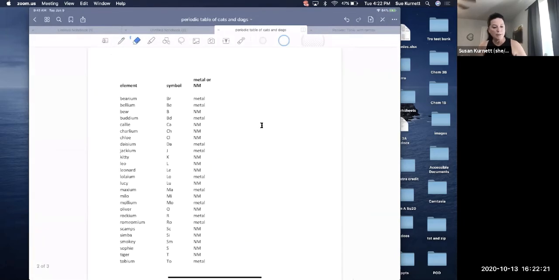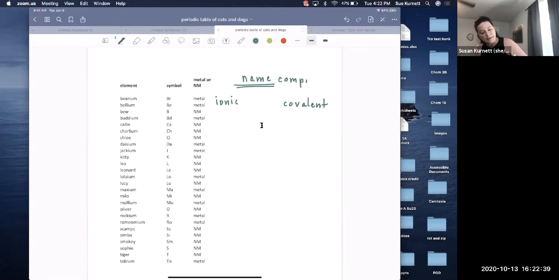So what I'm doing right here is we're just going to do naming. And we might be naming an ionic compound or covalent. So we're only naming compounds, and it'll be very clear when we're using this table and when we're naming compounds.